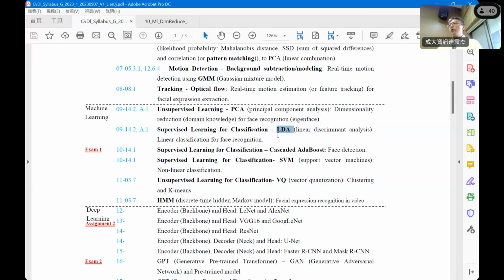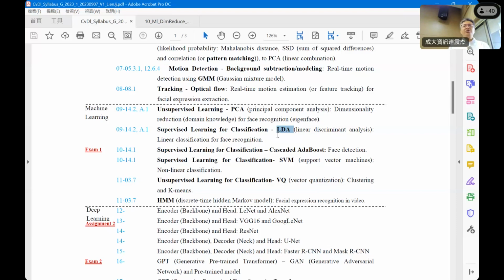But PCA is only one method for important feature extraction. There are different kinds of domain knowledge, so we can use different methods, not only PCA. Transfer from the original space to the new space, and then we do LDA for discrimination.